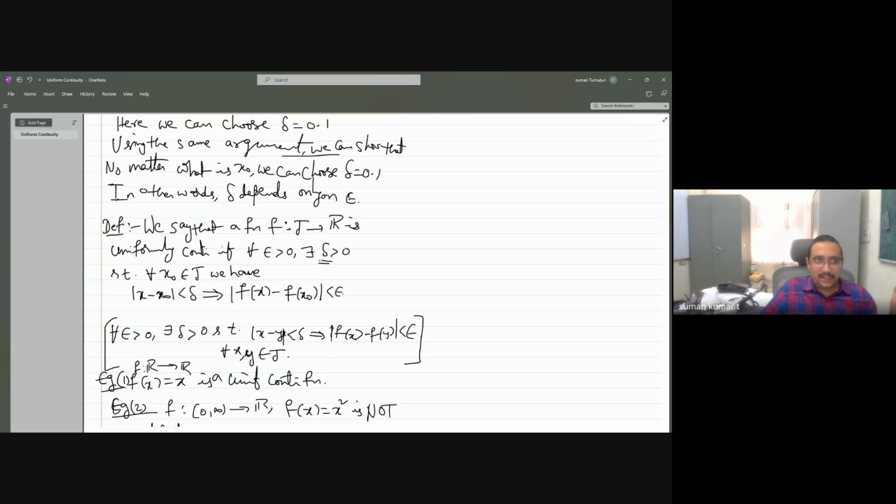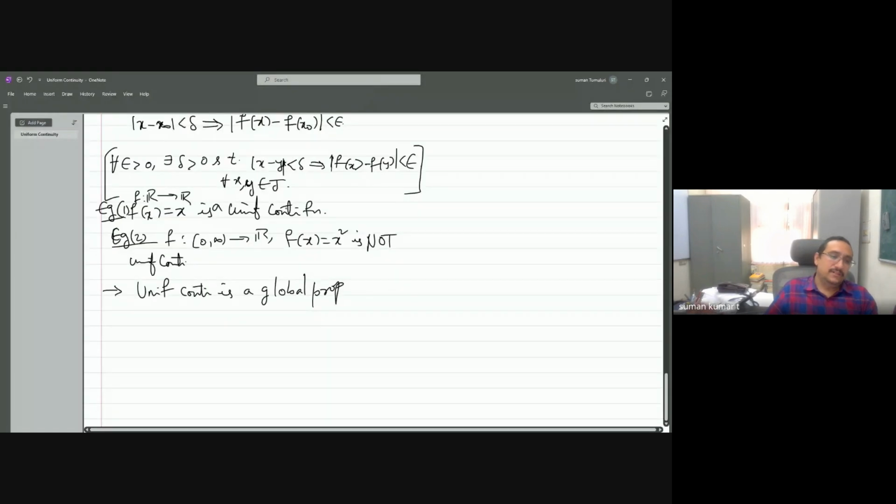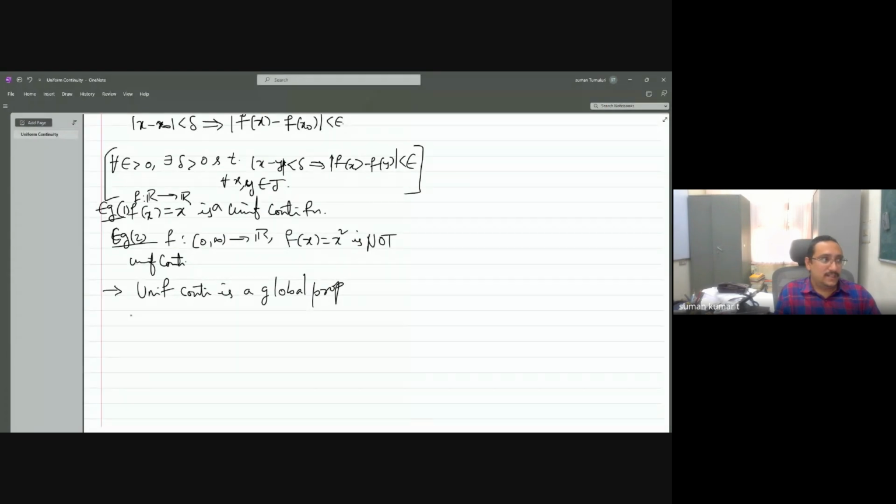When I say it does not depend on location of x naught, you should immediately think of what you mean by independent of location of x naught. First of all, I should know what is the region where x can take values from. Therefore, when I say f is a uniformly continuous function, you should always ask for the domain of f. That's why uniformly continuous on the domain, on an interval, uniformly continuous on J.